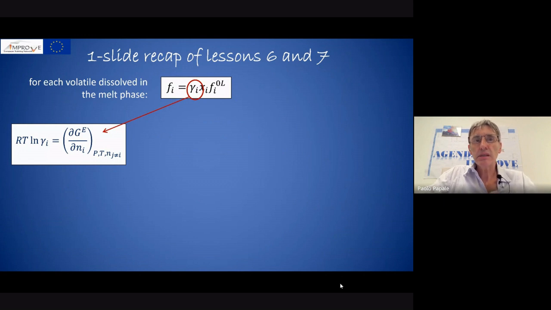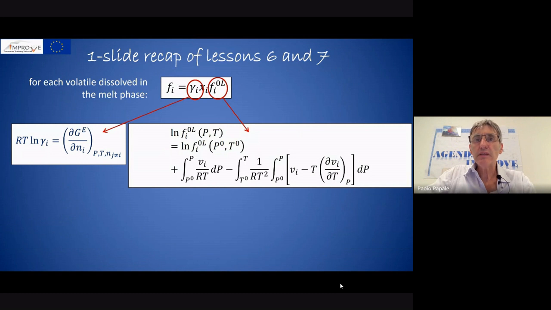In lesson 6, we have seen how to describe the reference fugacity in terms of only a reference volume. And we have defined such a reference as that of a hypothetical pure dissolved volatile. We delayed the definition of the reference volume for each hypothetical pure dissolved volatile to when the activity coefficient would be defined, as the two, once again, depend on each other.